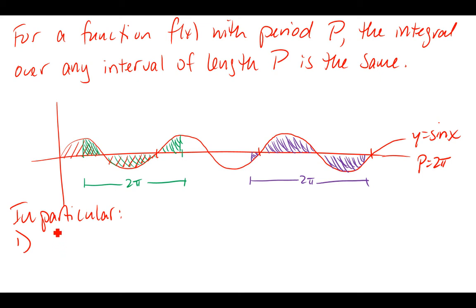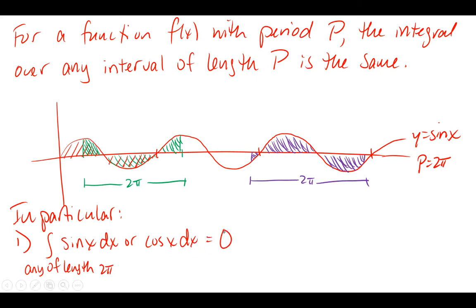Oh god, I don't have space here. Here, I'll do it this way. If you do any interval of length 2 pi, sine of x or cosine of x, you'd get 0. Okay, we did sine here, but cosine's the same. I mean, cosine starts up here, but if you do one full period of cosine, you get the same regions that we just highlighted here for sine.